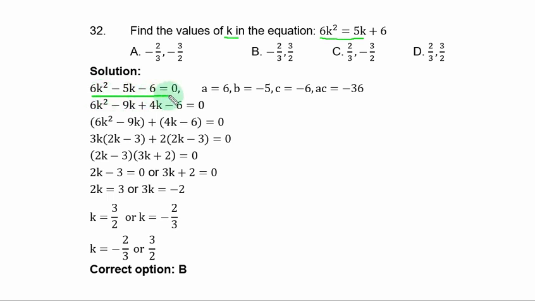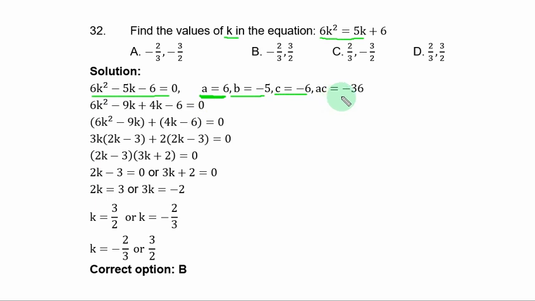equal to 0. If you compare this equation with the general quadratic equation, you will understand that A is equal to 6, coefficient of K squared. B is equal to -5, coefficient of K, and C is equal to -6, the constant term. Whenever A is not equal to 1, you always get AC.